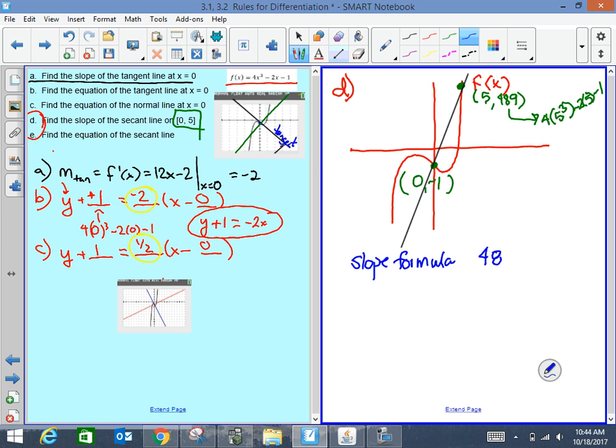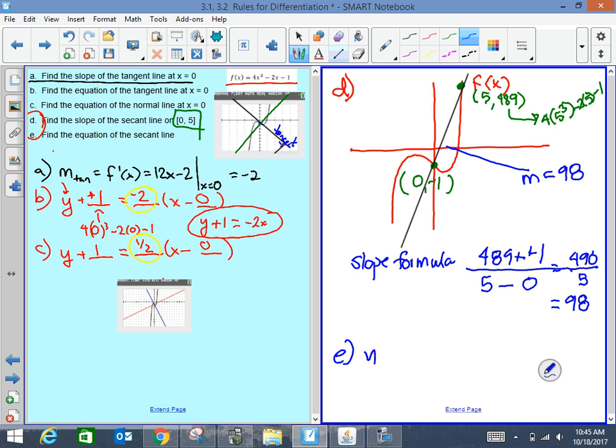Y minus other y over x minus other x. So what's that? 490 over 5. Very steep line. We knew that because it was way off the graph. So what's x? 98. Okay, that's the slope of that line. Slope equals 98.